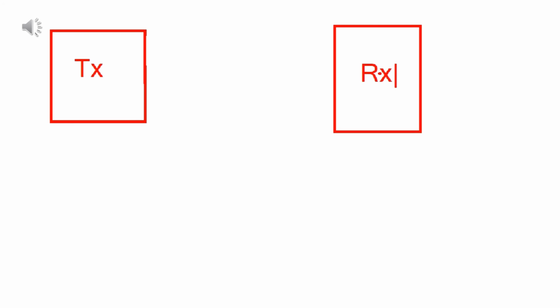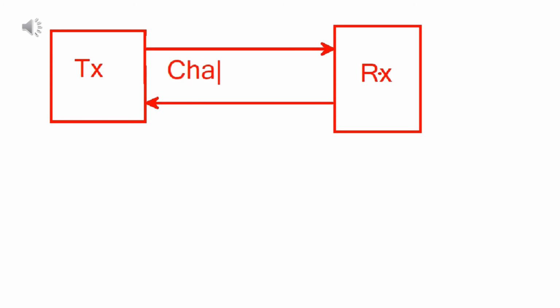If it is a two-way communication, we can draw the arrows from transmitter to receiver as well as from receiver to transmitter, like this. In between we can write channel.